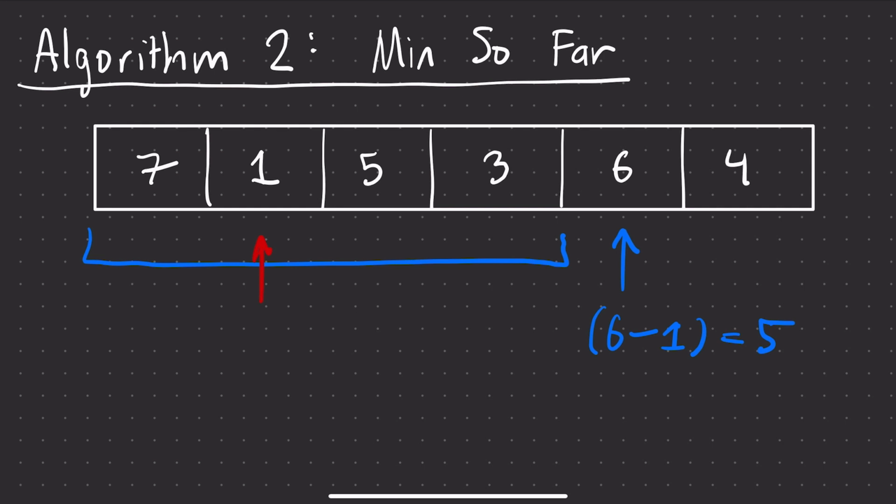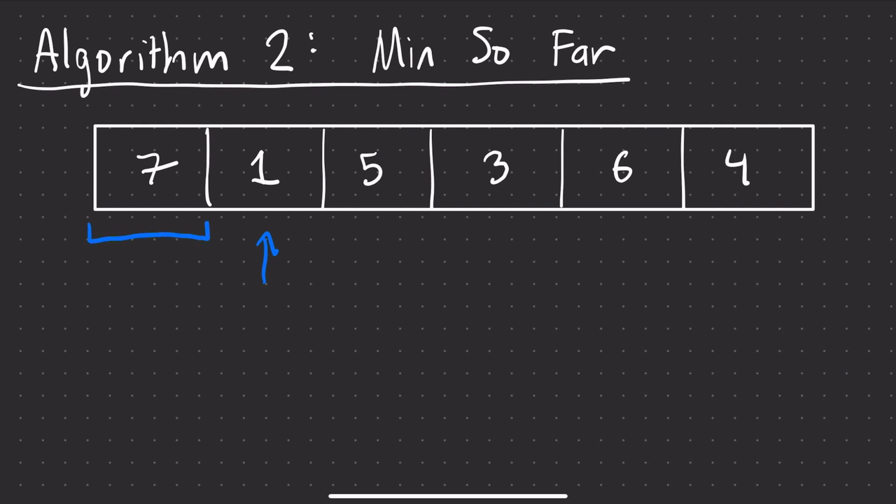Okay, so the idea behind this algorithm is basically for each possible selling time, we look at the minimum value of the possible buying times. So how would this look? Let's say we're selling at the value 1, we would check the minimum possible, and here 1 minus 7 doesn't get any profit, right?